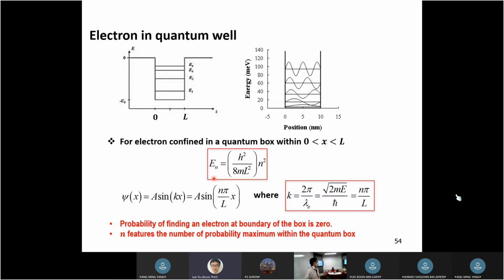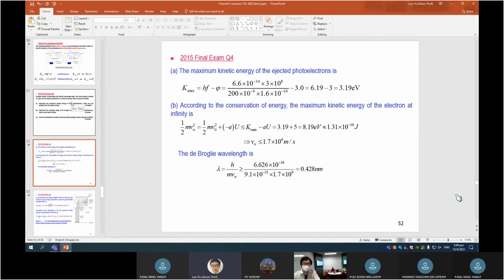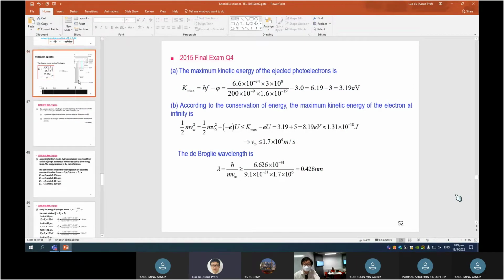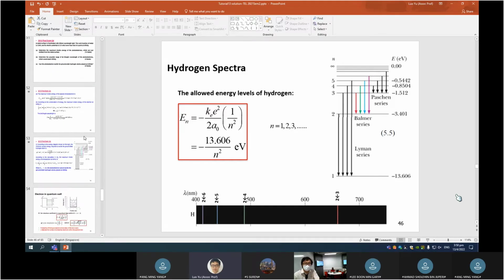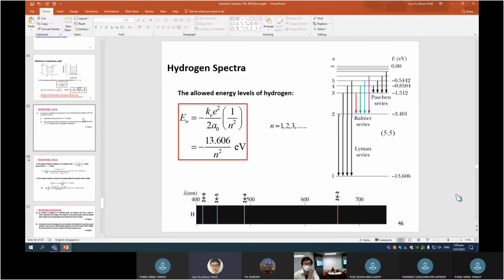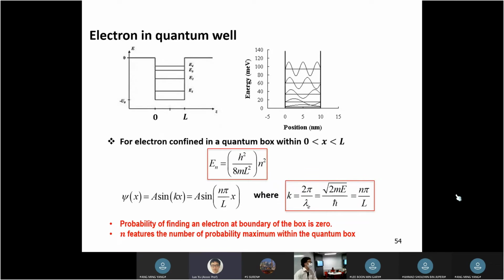This is similar to the hydrogen atom, just the energy is calculated differently. Hydrogen atom is minus 13.6 divided by n squared, while for the quantum box, my E is not proportional to 1 over n squared. This is the only difference: the energy is calculated in a different way.